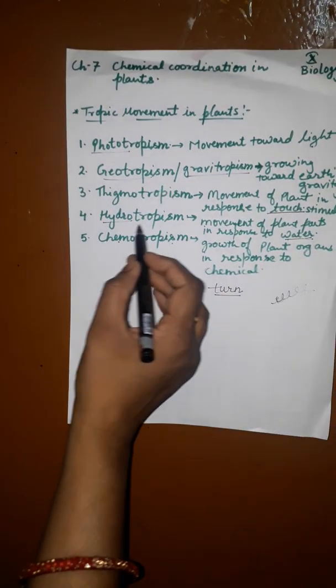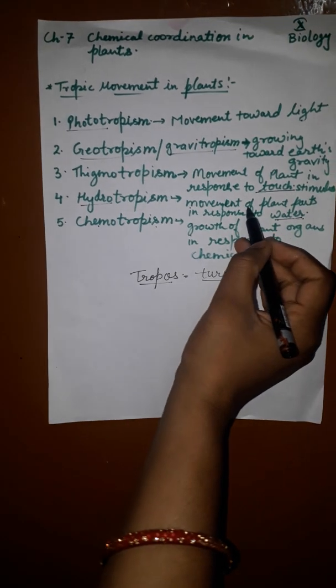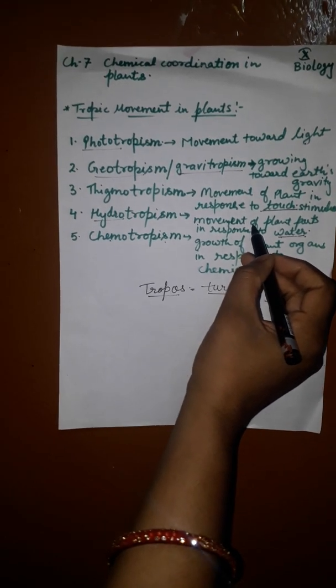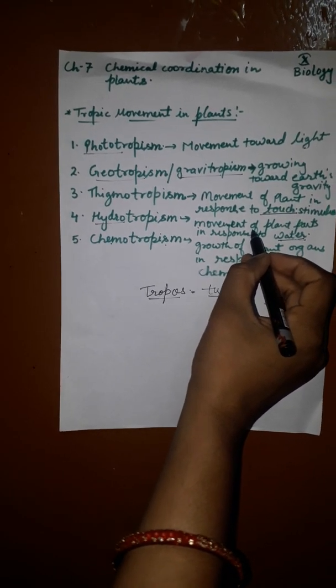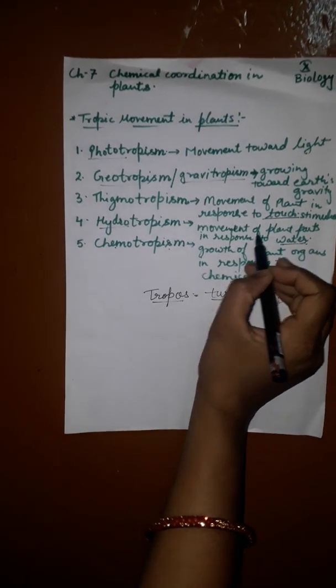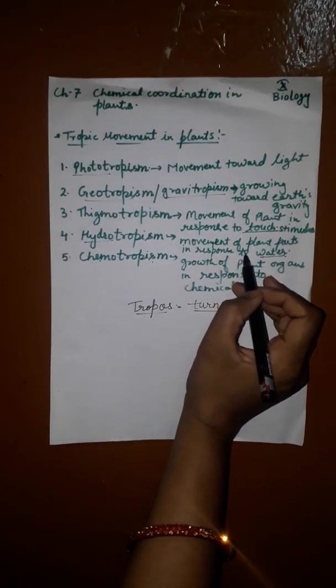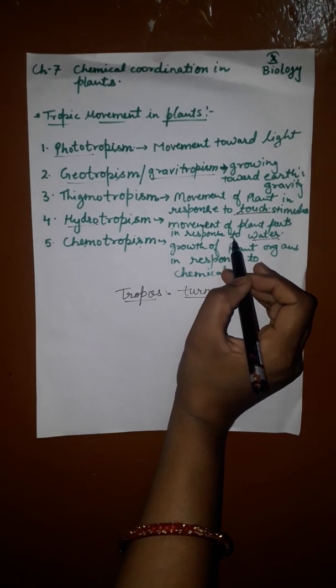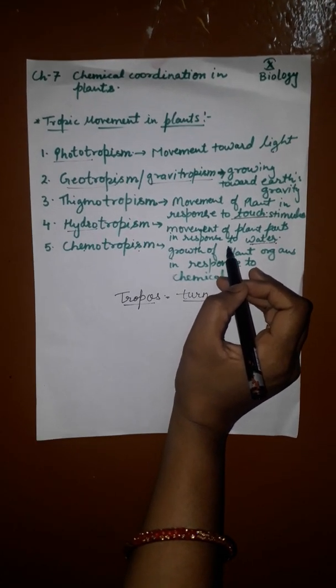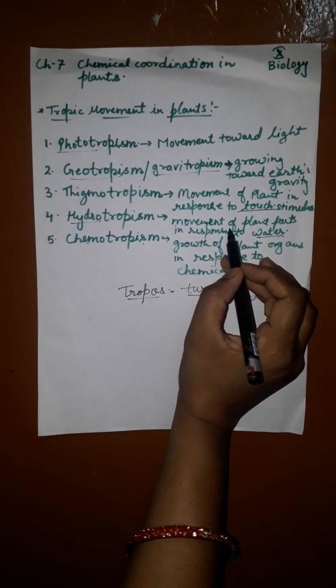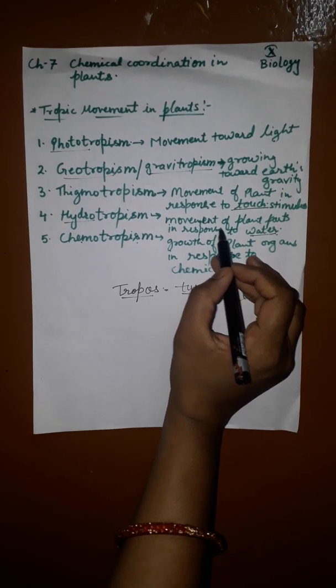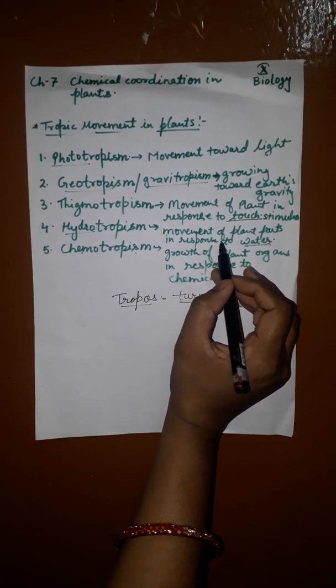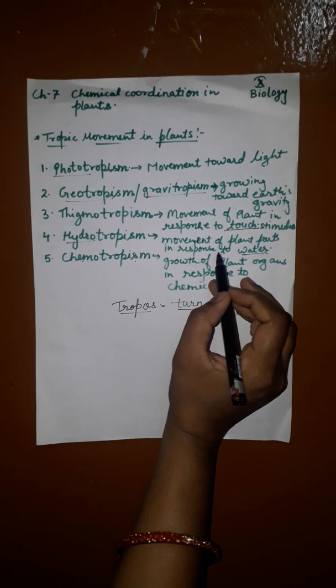Now next is hydrotropism. The movement of the plant parts in response to water or moisture is called hydrotropism. When a plant part grows towards the source of moisture, for example the root, it is said to be positively hydrotropic. The growth of root towards moisture ensures that roots will be near the water available in the soil.